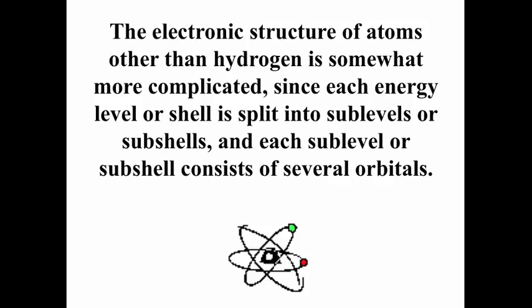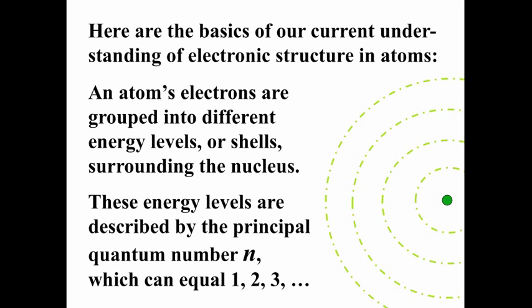So the electronic structure of atoms other than hydrogen is complicated because each energy level, or energy shell, is split into sublevels or subshells, and each sublevel or subshell consists of several orbitals. And again, this is essentially what electrons in atoms do, and we have a description of it using some fairly complicated mathematics. So we're just going to cut to the chase of some of the meaning of these things. Here are the basics of our current understanding of electronic structure in atoms.